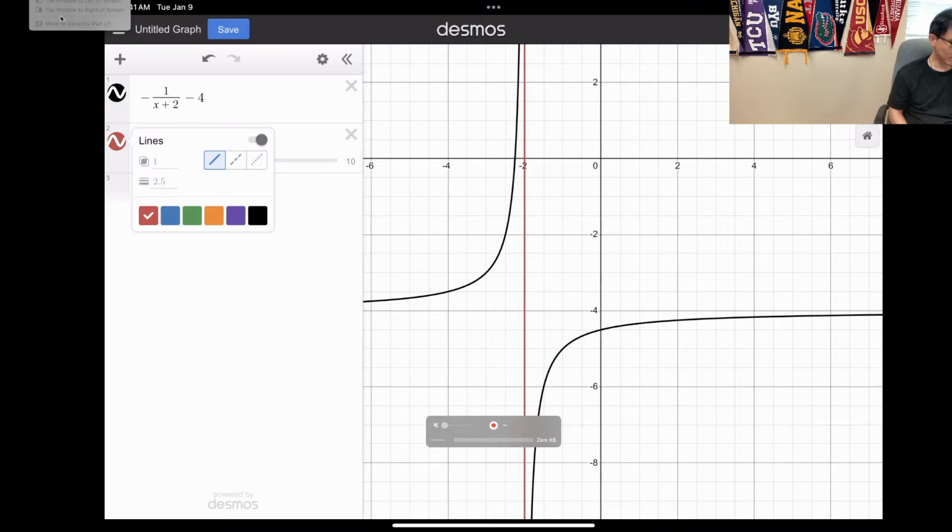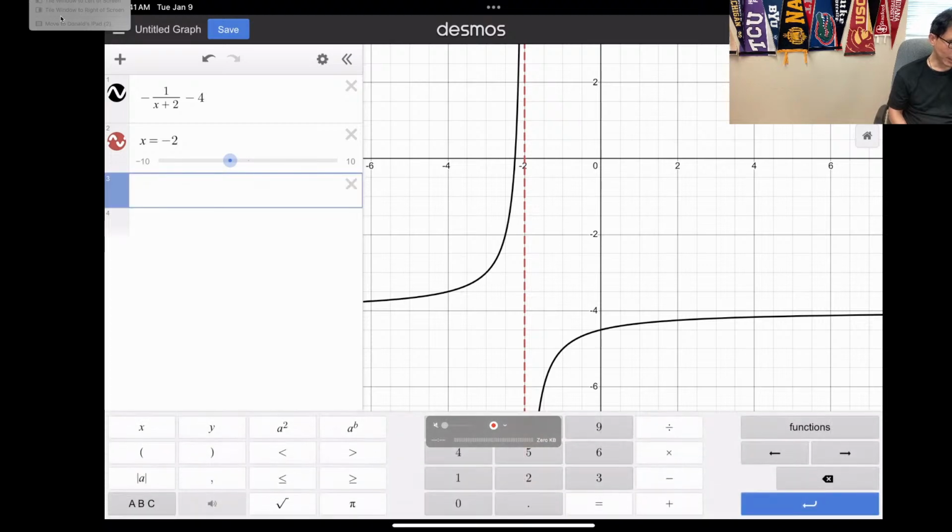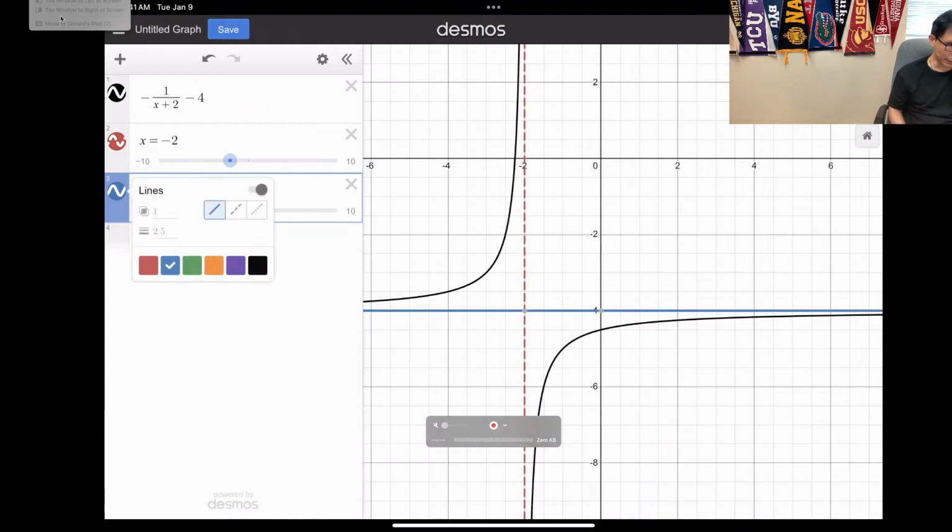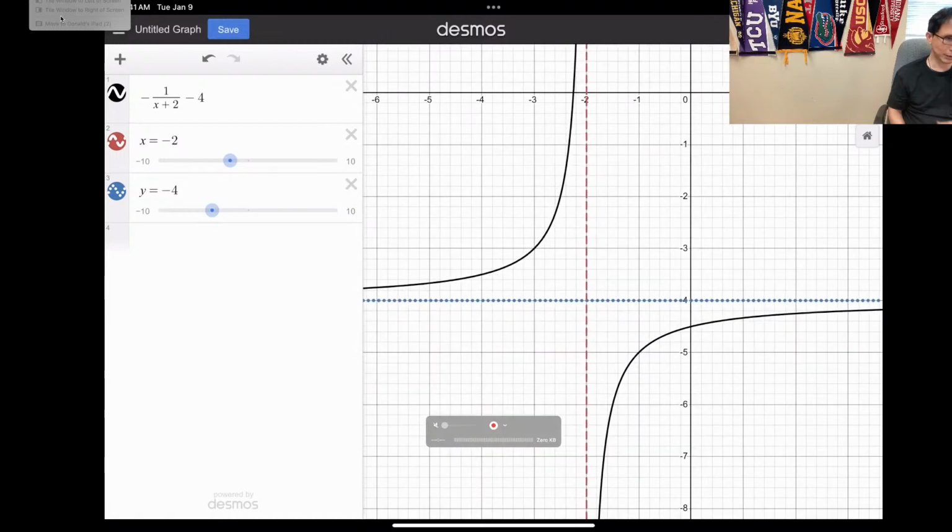So try it. Then you can click on the dotted line here, and that's your asymptote. And also y equals negative 4. If you click long enough, the dotted line will show up. So that's your asymptote on both lines. That's exactly what the graph is doing.